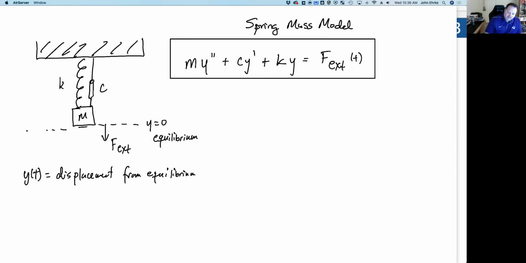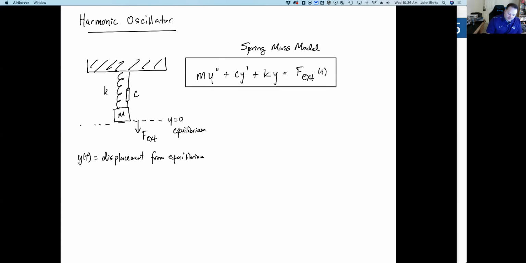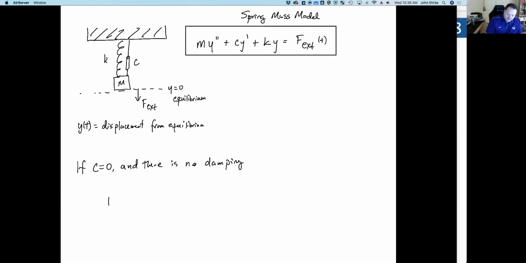And we did an example last time where there was no damping. So if C is equal to 0 and there is no damping, then the model that you end up with is my double prime plus ky equal to, and I'm going to assume that there's no external force. In fact, we'll be assuming that all the way up until the third unit of the course.